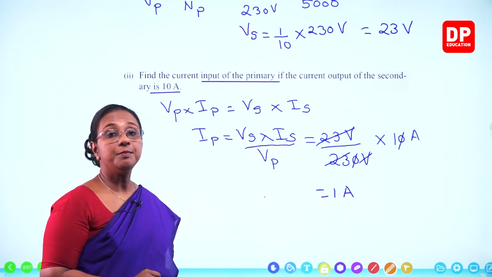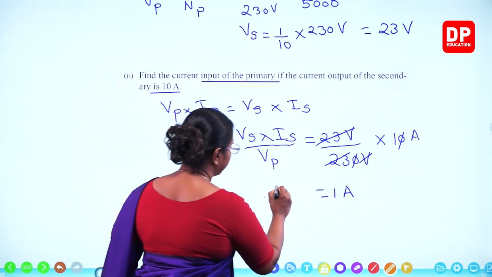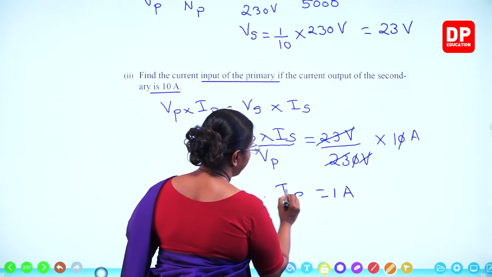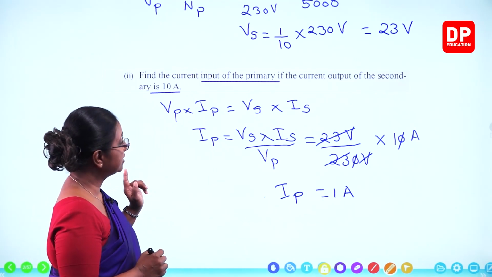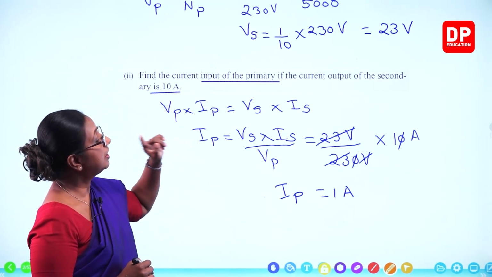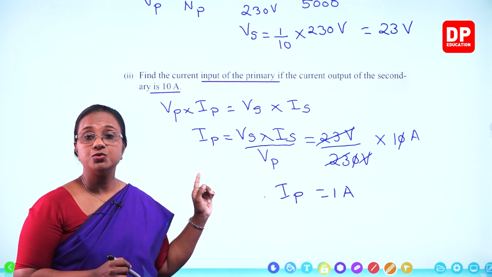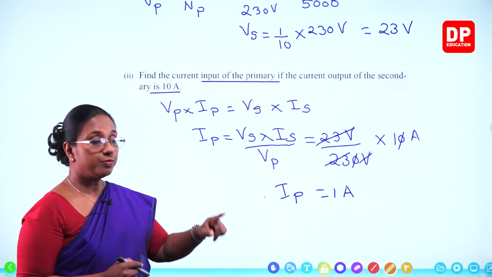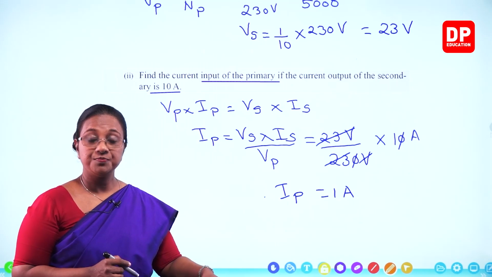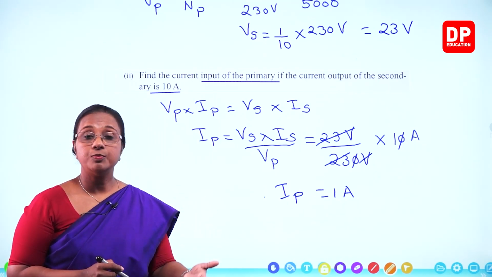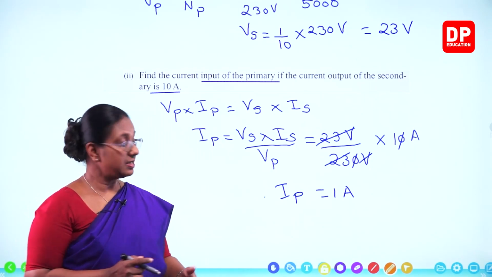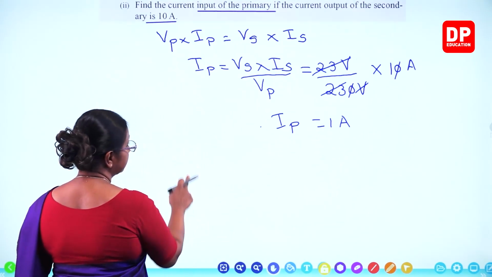Now this is the primary current. We have the I primary, that is 1 ampere. So again you can see, initially the input voltage is 230 volts. Output is 23 volts. Current, input is 1 ampere, output is 10 amperes. So there you can understand the ratio.